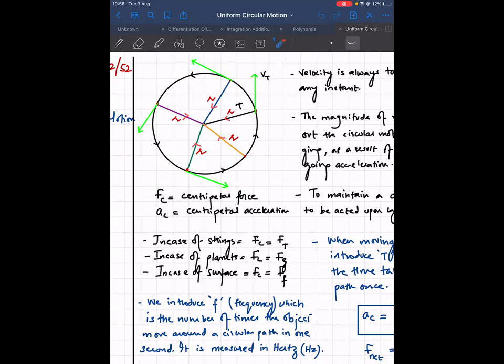Now you have to always remember that whenever an object moves in a circular motion, the direction of the object is constantly changing, but the speed remains the same. The magnitude of the velocity, which we call the speed as well, doesn't change. What changes is the direction. हर instant पे आपकी direction change हो रही होती है, लेकिन जो speed, जो magnitude है velocity की, जिसे हम speed भी कहते हैं, वो change नहीं हो रही होती.